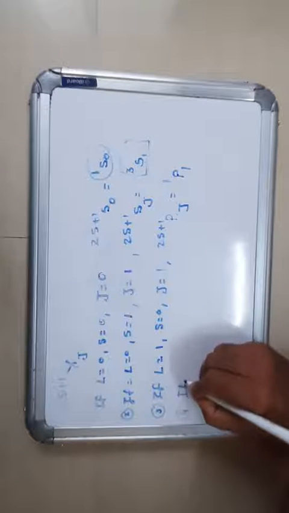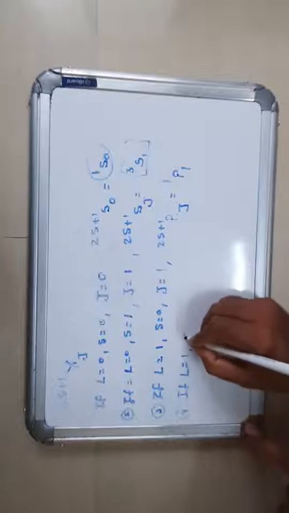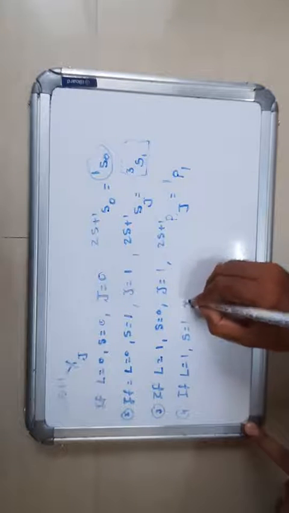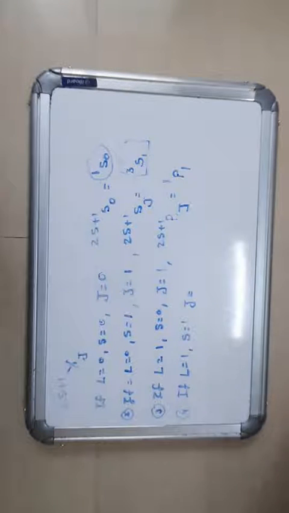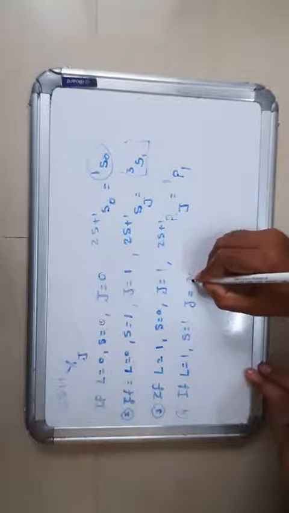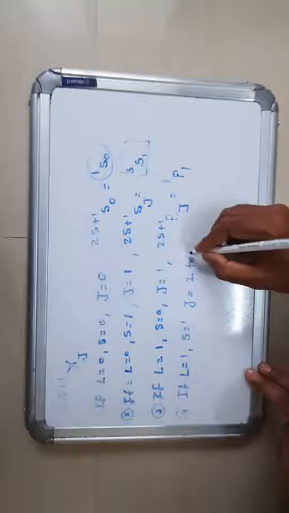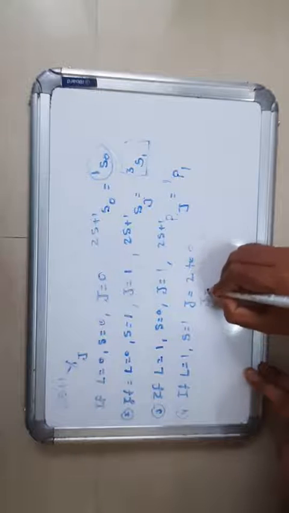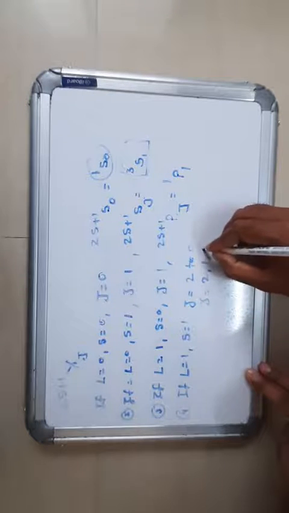Then another example: if L is equal to 1 and S is equal to 1, then J is equal to magnitude of L plus S to magnitude of L minus S, that means 2 to 0, so the values of J are 2, 1 and 0.